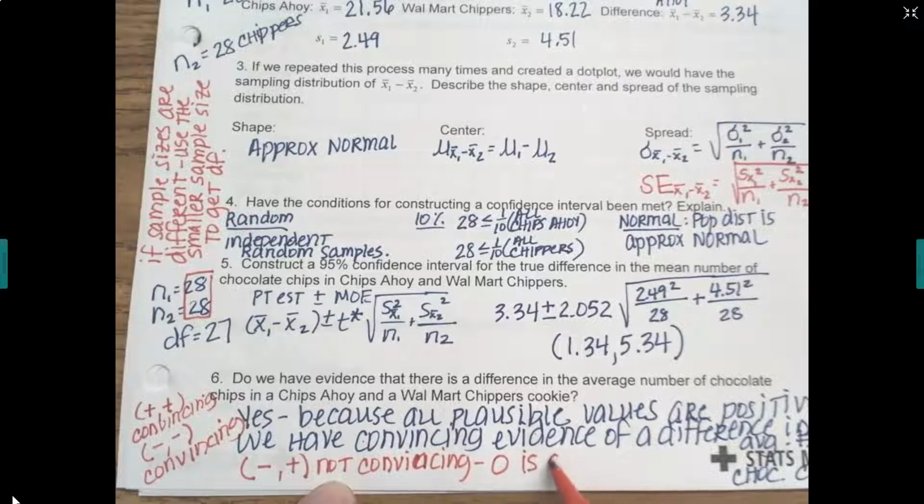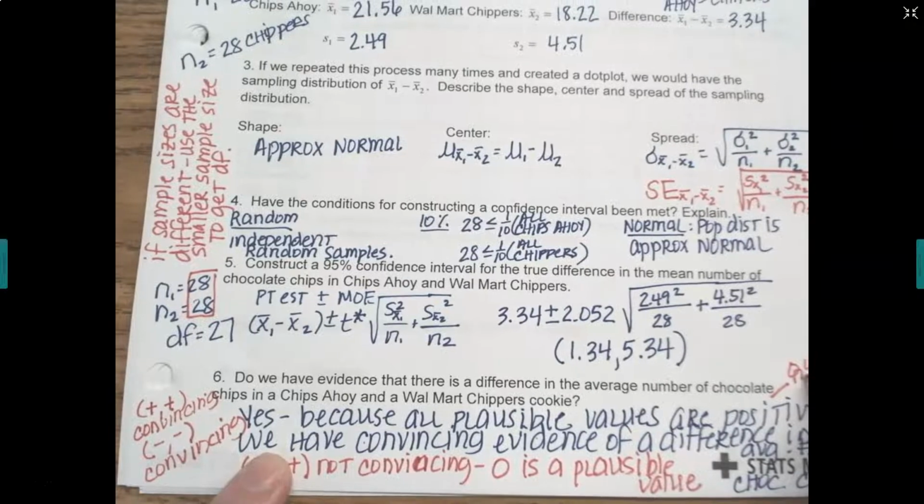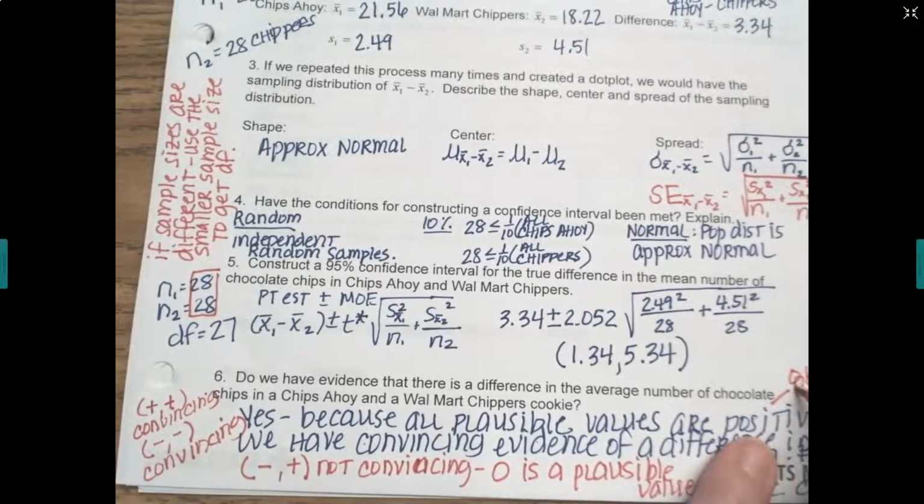Zero is a plausible value. So when we said here all the plausible values are positive, that means 0 was not captured as a difference.